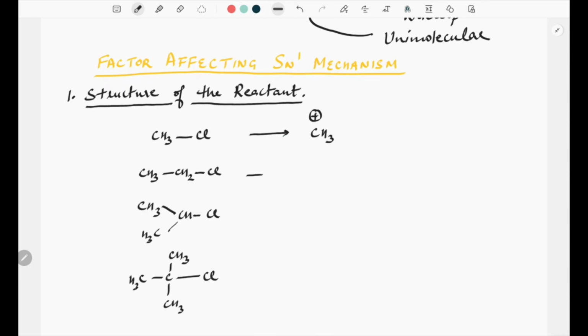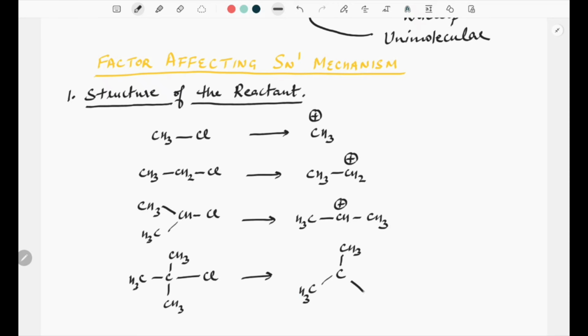This is methyl carbocation, this will form ethyl carbocation, this will form isopropyl carbocation, and the last will form the tertiary butyl carbocation.